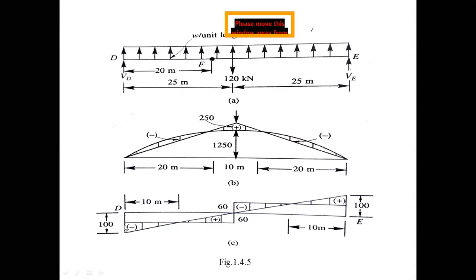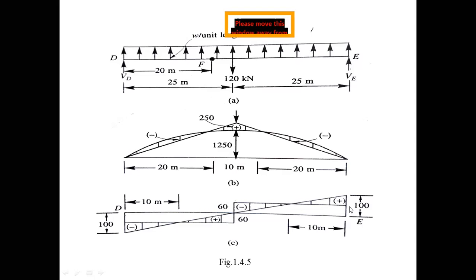So let us draw, left upward is positive. Therefore, you draw up 60 and it is uniform up to center. And right up is negative. Therefore, you draw 60.